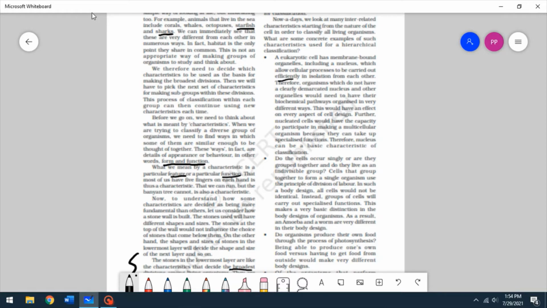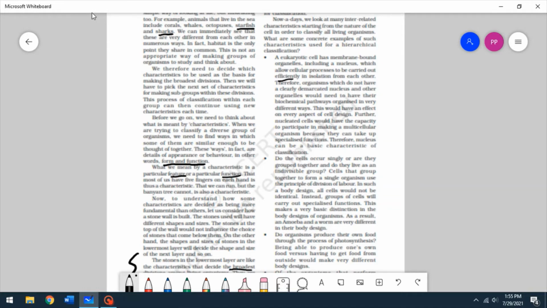That's what we learned in the previous lessons. A eukaryotic cell has a well-defined nucleus and membrane-bound organelles.